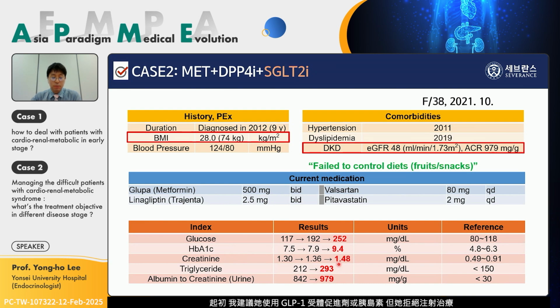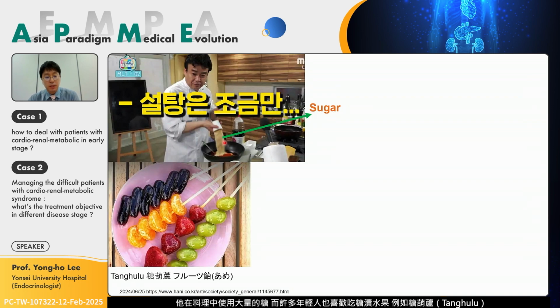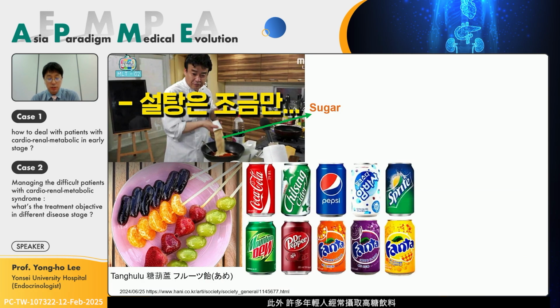So I initially recommended GLP-1 or insulin, but she refused to use injections, so I had to choose another option. And recently, I think it's a very similar situation all over the world. You can see many broadcasting programs from Korea, like a really famous chef who uses a lot of sugar in his food, and a lot of young people like to eat sugar-covered fruits, tanghulu, and drink a lot of beverages containing fructose.